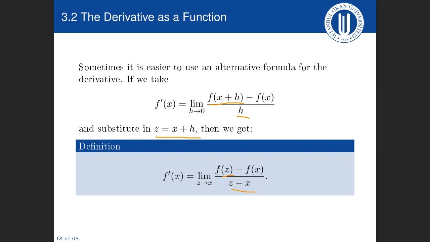That's the same as z minus x. And instead of the limit as h tends to 0, that is the same as the limit as z tends to x. This alternate formula, which is basically the same, is sometimes easier to use.